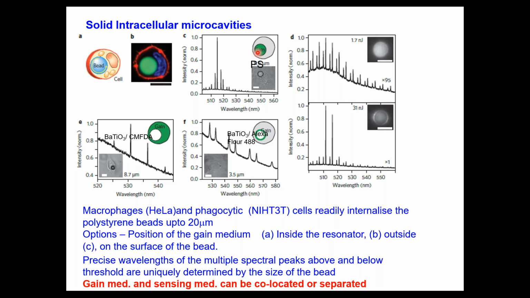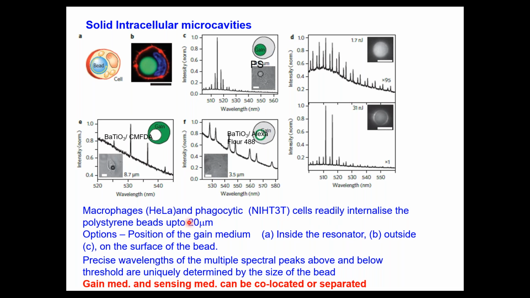So here you can see the bead itself acts as a gain medium, because the plastic sphere itself contains some gain medium, some fluorescing material. So in any case, this is an undoped bead, plastic bead. This is a doped bead, and this is an undoped bead with a covering with the gain medium. So in all these cases, it can very well go into the cell.